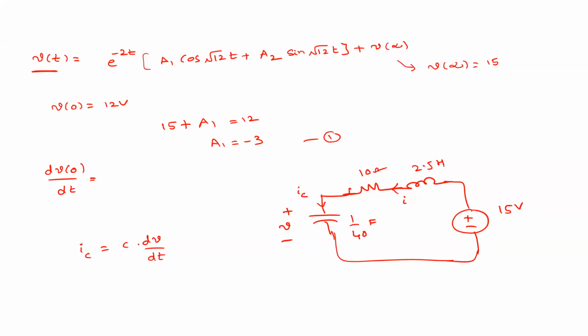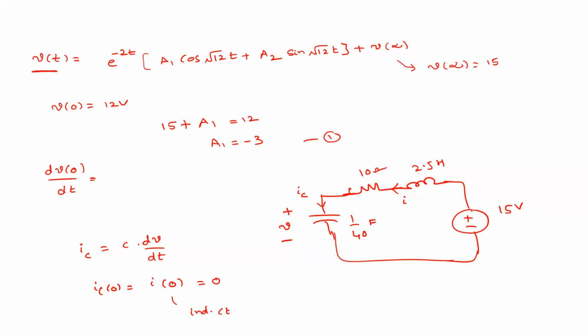Do you know the IC of 0 value? Yes, 0. How do you know that? This is a series connection, so IC of 0 is equal to I of 0, which is the inductor current, and that is equal to 0.